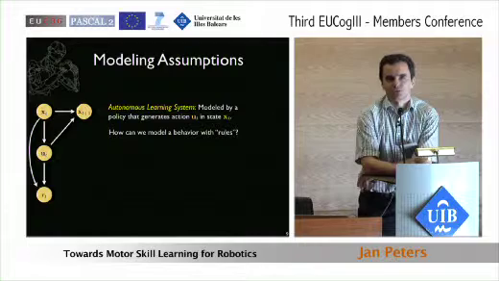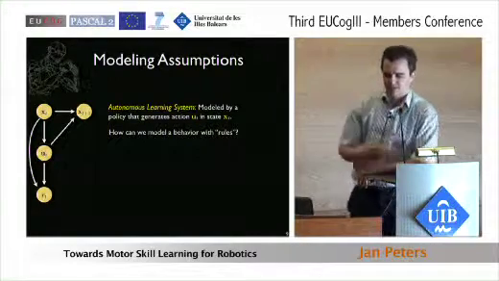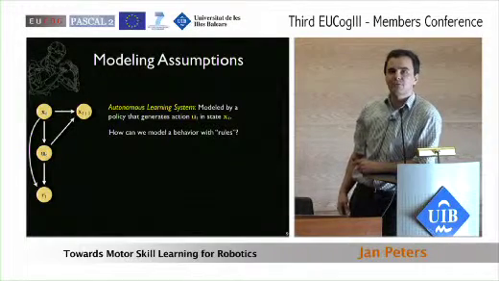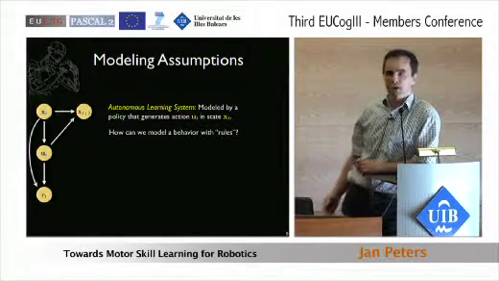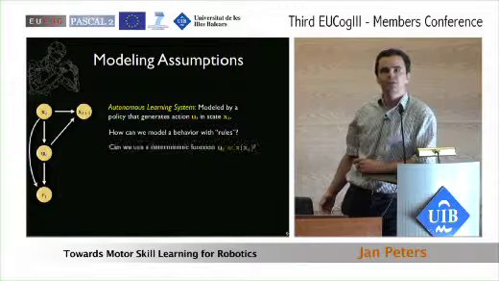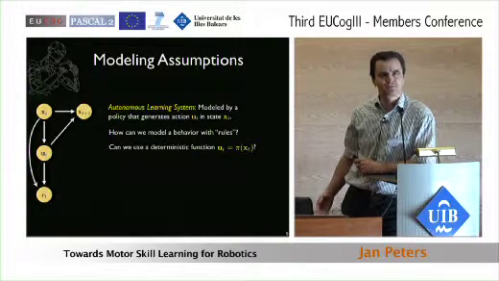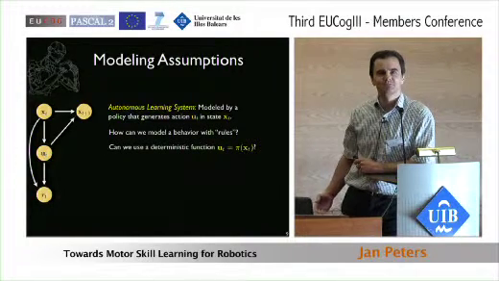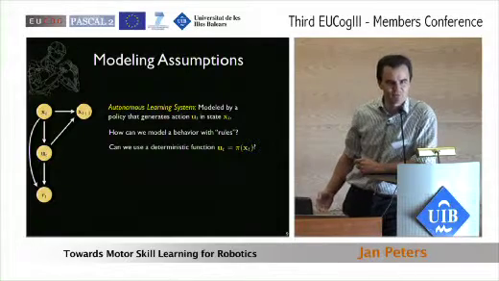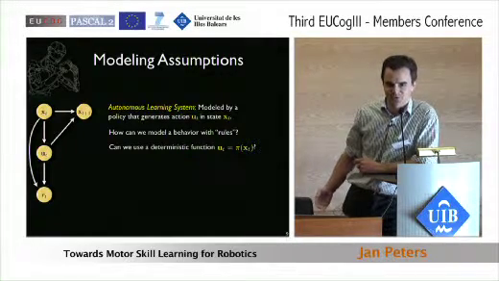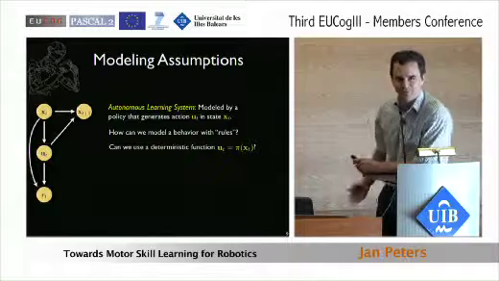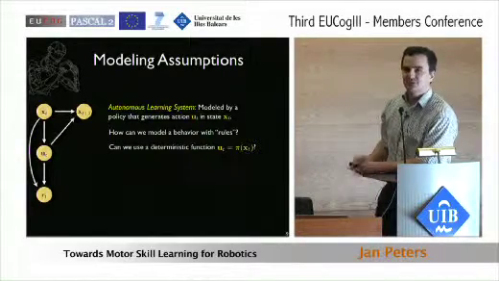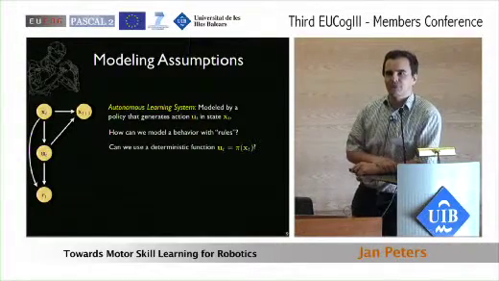Classically, people, of course, tried to do this as well with a deterministic function or a deterministic set of rules which tell us in every state what actions to take. Now, who of you thinks this is the right thing to do? Oh my God, nobody. So that means you either all have seen my talk or you're way ahead of me, which is very good. So, no, stochasticity is incredibly important.